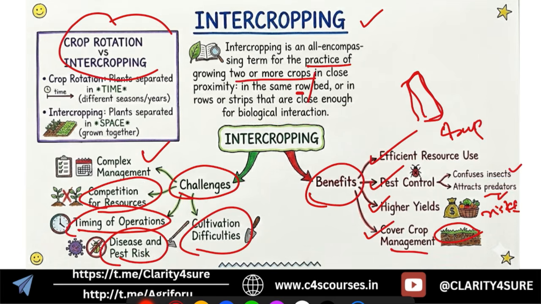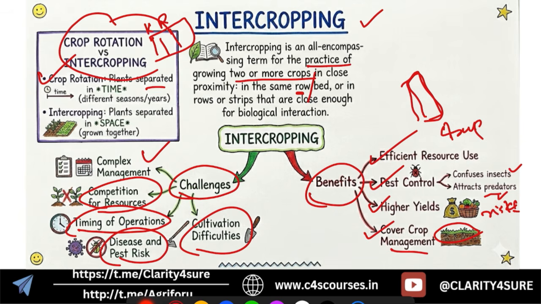There is one concept that we often confuse with intercropping, that is crop rotation. Crop rotation uses the time dimension, but intercropping uses the space dimension. In crop rotation, you are dividing the year into different crops, so plants are separated in different seasons.